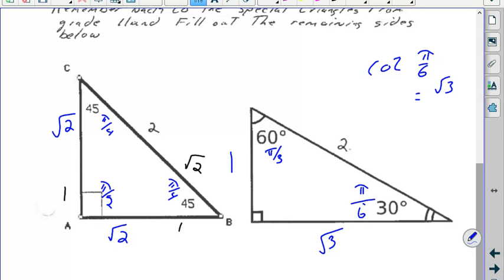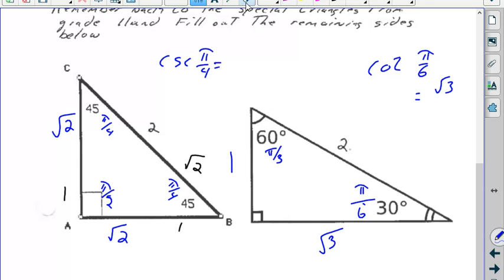And if I wanted to know cosecant of pi over 4. Cosecant is the reciprocal of sine, opposite over hypotenuse.